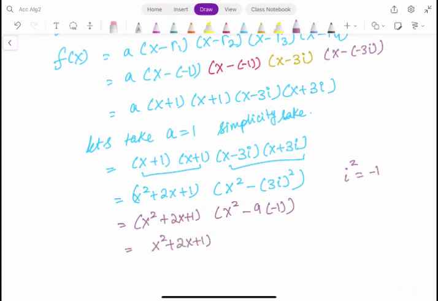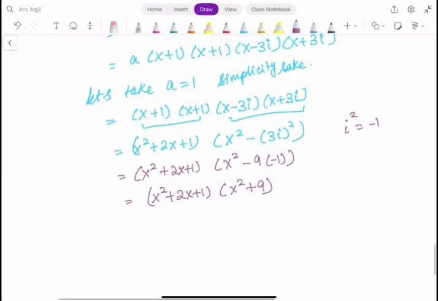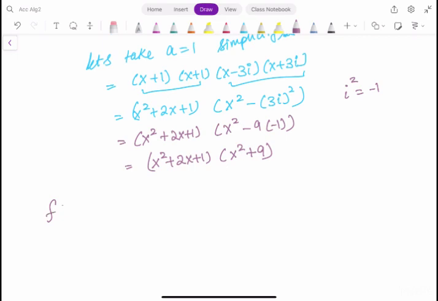x squared plus 2x plus 1 times x squared plus 9. And then we can do distribution again to get the function as a fourth degree polynomial, because that's what they asked for. They asked us to find the fourth degree polynomial function. So the fourth degree polynomial function after the distribution will be this.